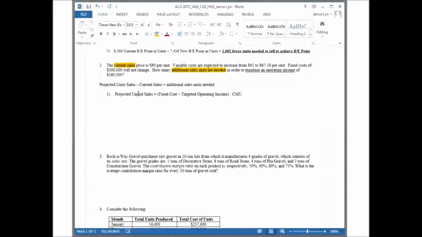So let's look at the information that we have, and in the problem it states that our fixed costs will not change. So we can pull out the fixed cost, $300,000. Plus, and we said that the maintaining operating income is actually targeted operating income of $360,000.